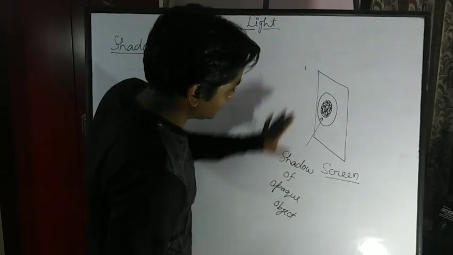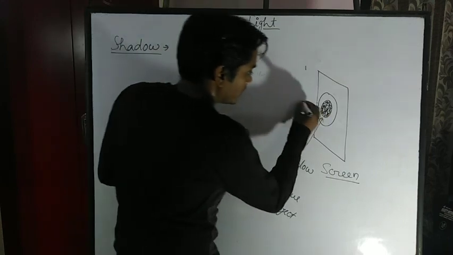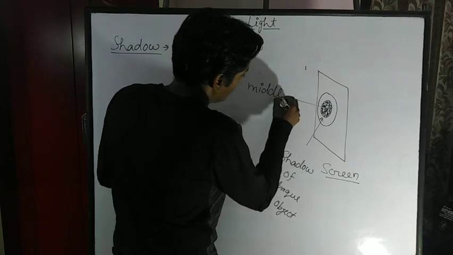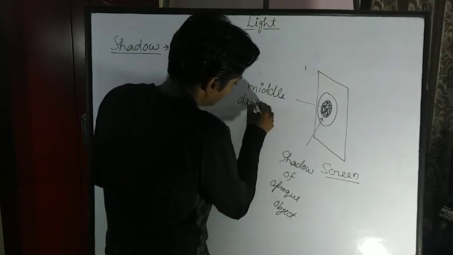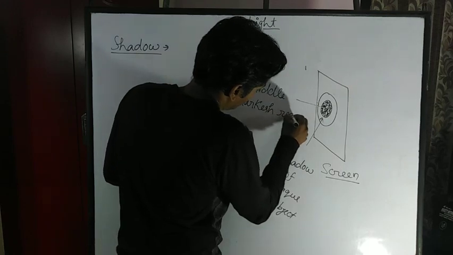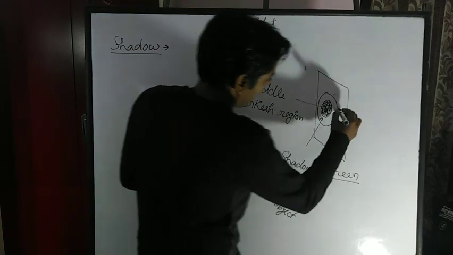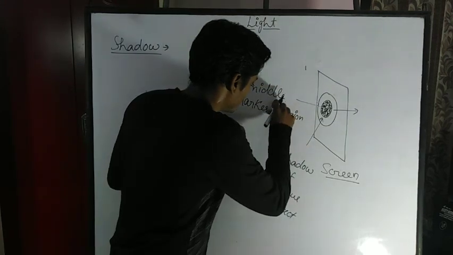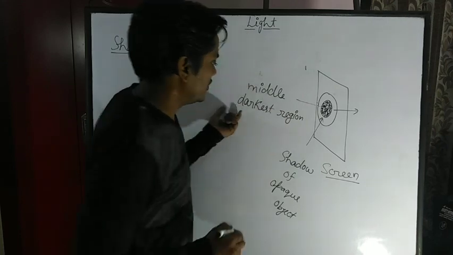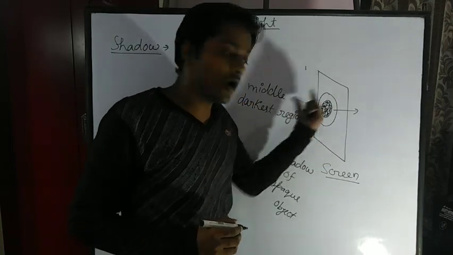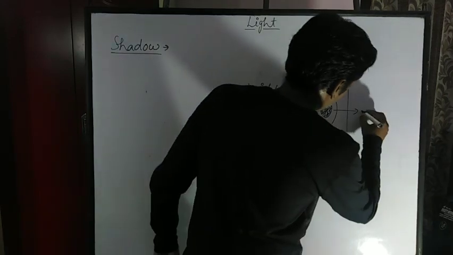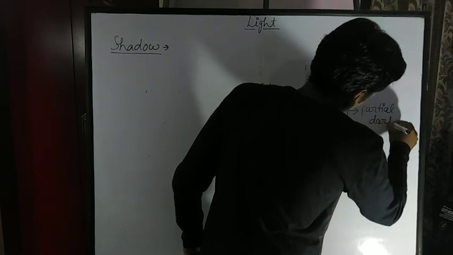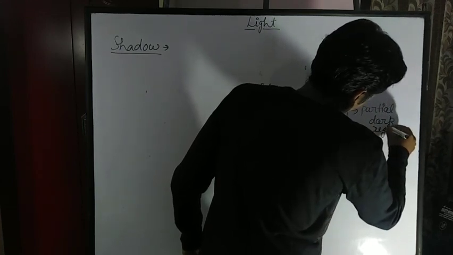See, this one is the screen. Shadow has two parts. One is the middle darkest region, and around this darkest region there is a partial dark region.